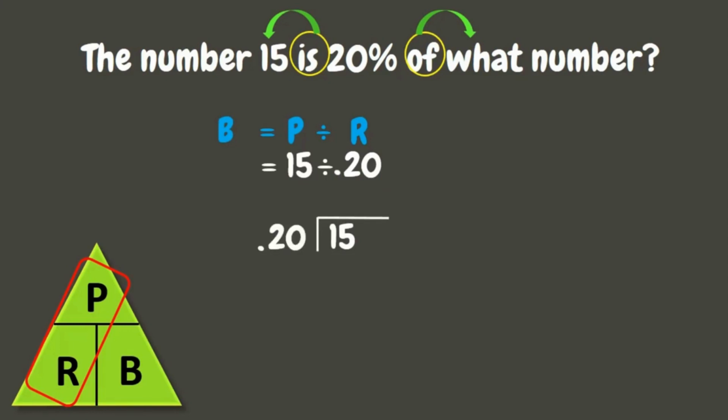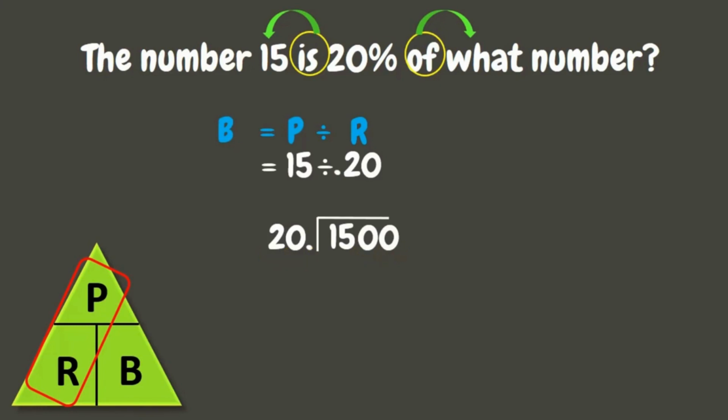Let us recall how do we divide whole number by decimals. We need to make the divisor a whole number. Let's move the decimal point to the right. Since we moved 2 times to the right, we are also going to move 2 times to the right in the dividend. 1, 2. Since we have empty place values, let's just put zeros.